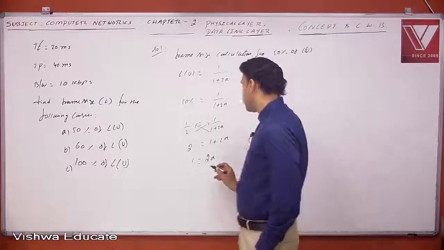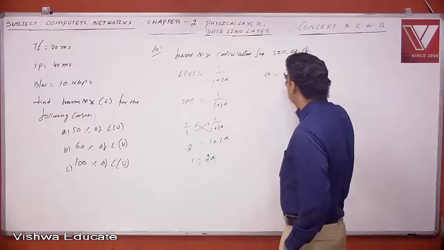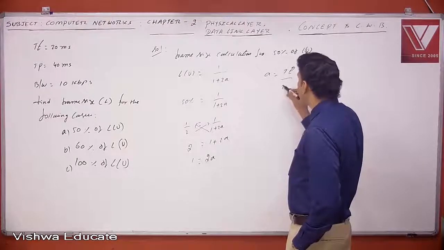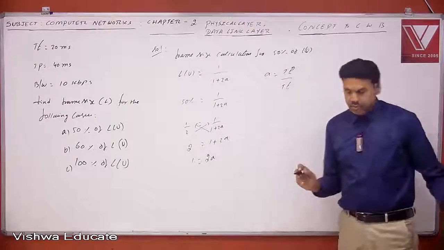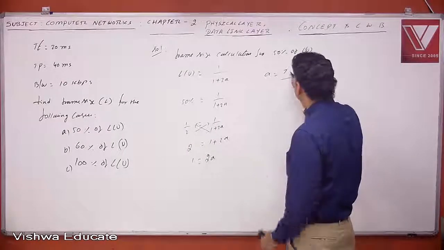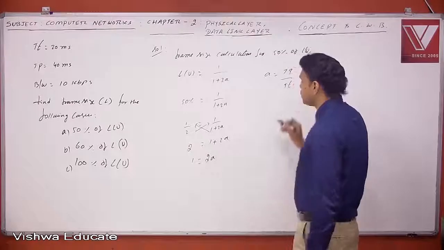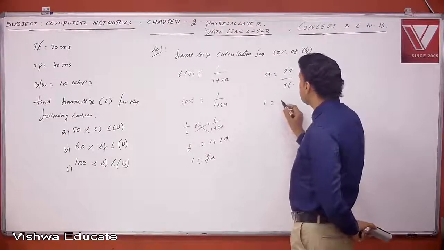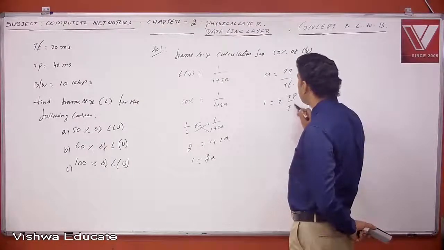So here a equal to Tp by Tt. Therefore 1 equal to 2 into Tp by Tt.